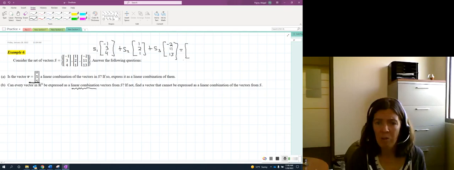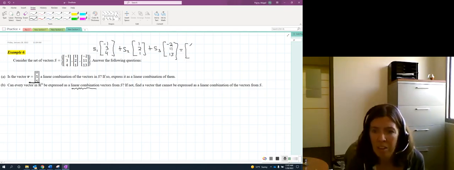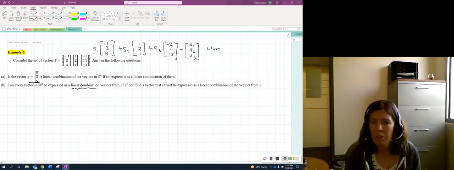And this time I want to know, can I generate just any vector in R3? So maybe I'll put this as x1, x2, x3, where x1, x2, and x3 can be any number.